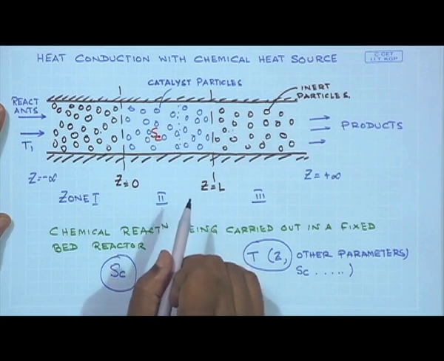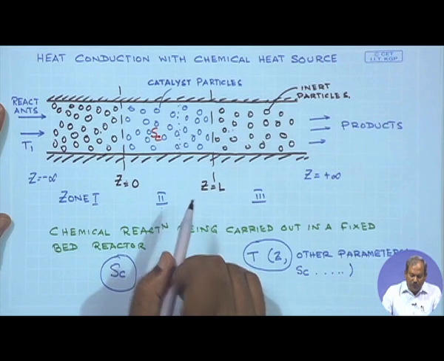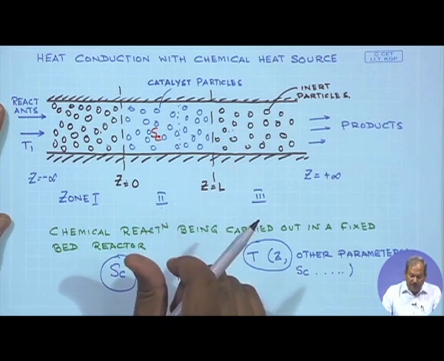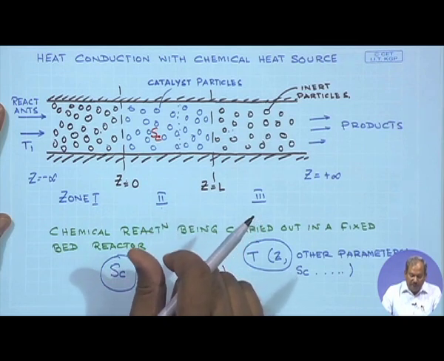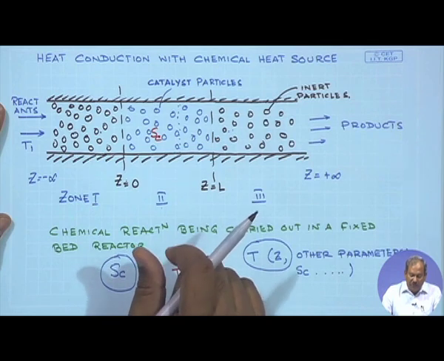So, if we are going to use a shell, then of course we have to use a shell whose smaller dimension would be the direction in which the temperature is changing.